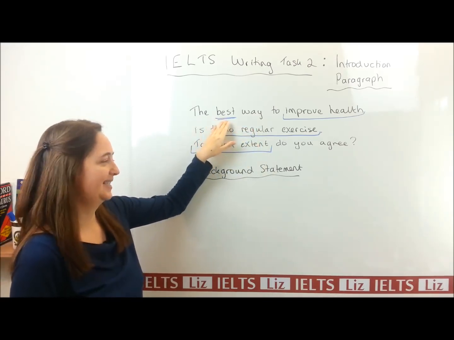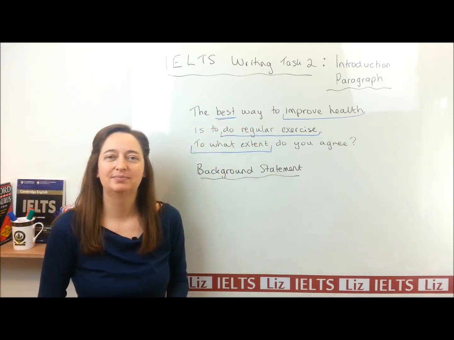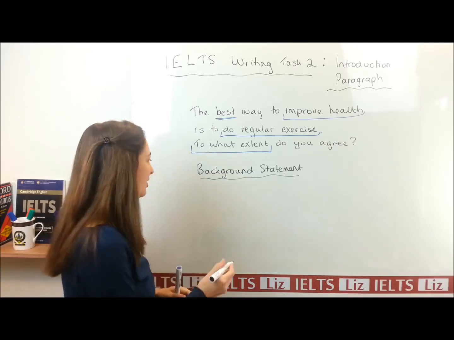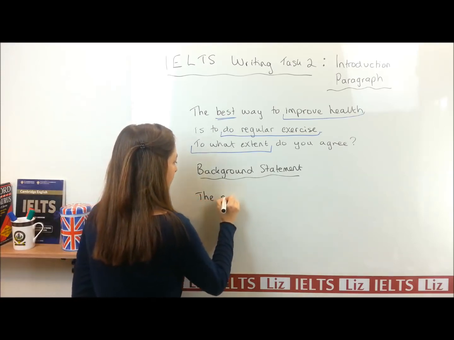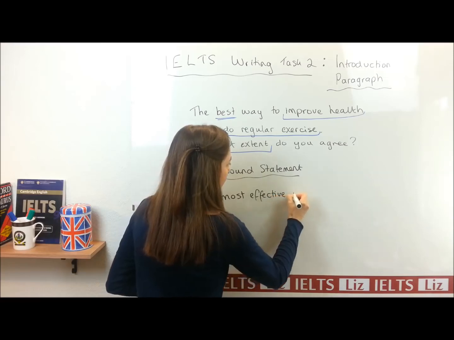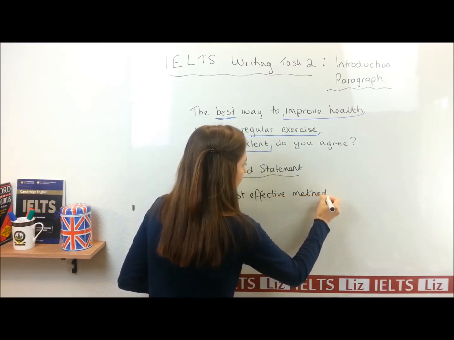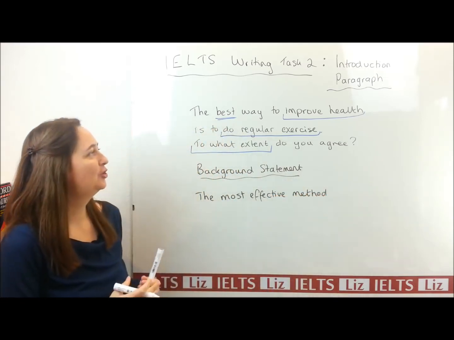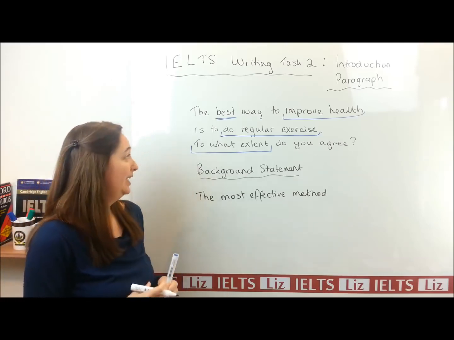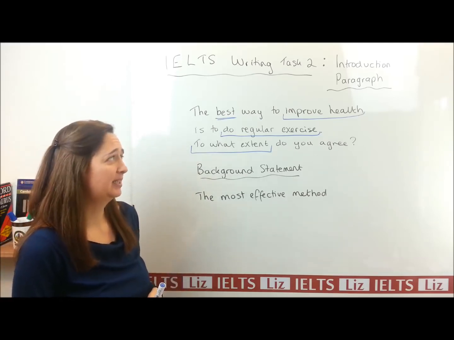And the best, another way to say that. I would use the most effective method. So let's write that down. And the next one, to improve health. We need to paraphrase that a little bit.